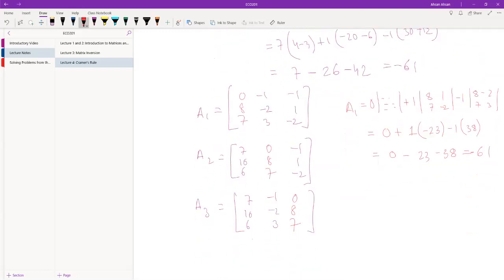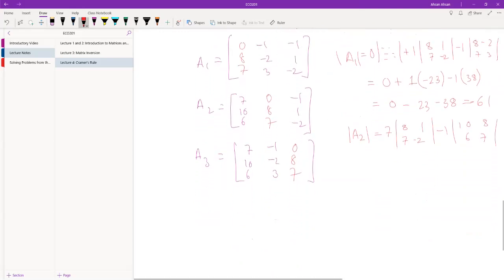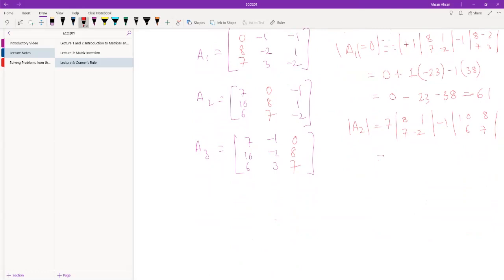Okay, that's okay. Determinant of A1, determinant of A2 will give us 7 times the determinant of 8, 1, 7, minus 2. Then we have a 0, so I'm not focusing on that. Minus 1 times the determinant of 10, 8, 6, 7. So that gives us 7, then minus 16, minus 7.